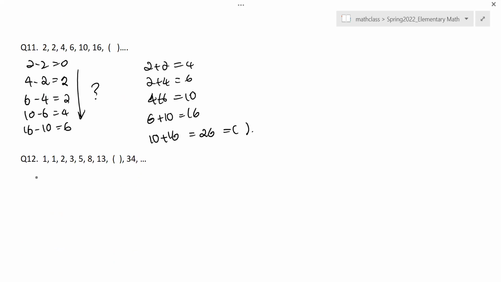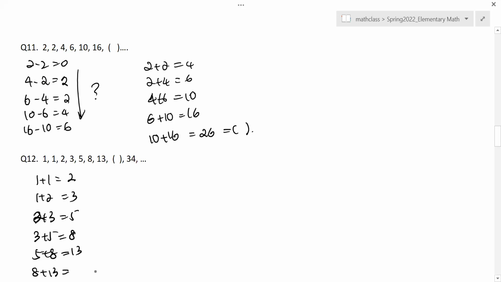You will see that 1 plus 1 equals 2, 1 plus 2 equals 3, 2 plus 3 equals 5, 3 plus 5 equals 8, and 5 plus 8 equals 13. 8 plus 13, what is the next number? It's going to be 21, so 21 is the answer. And you can double check: 13 plus 21 gets 34, the last term.